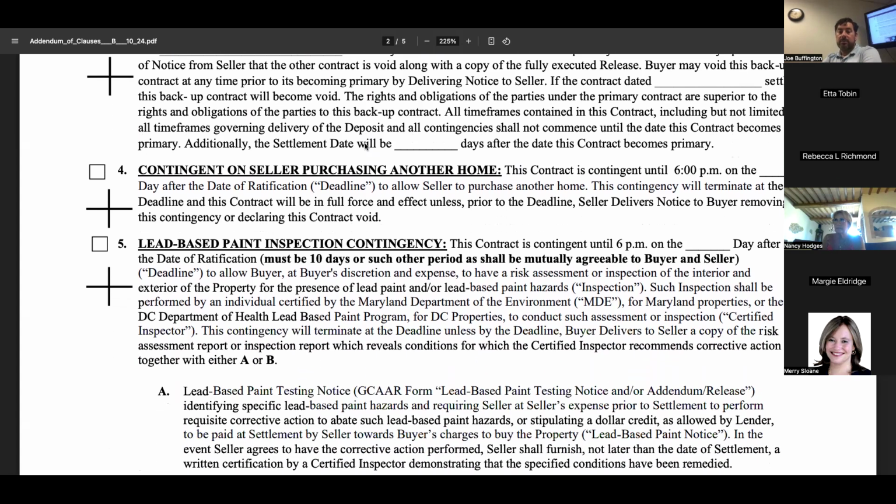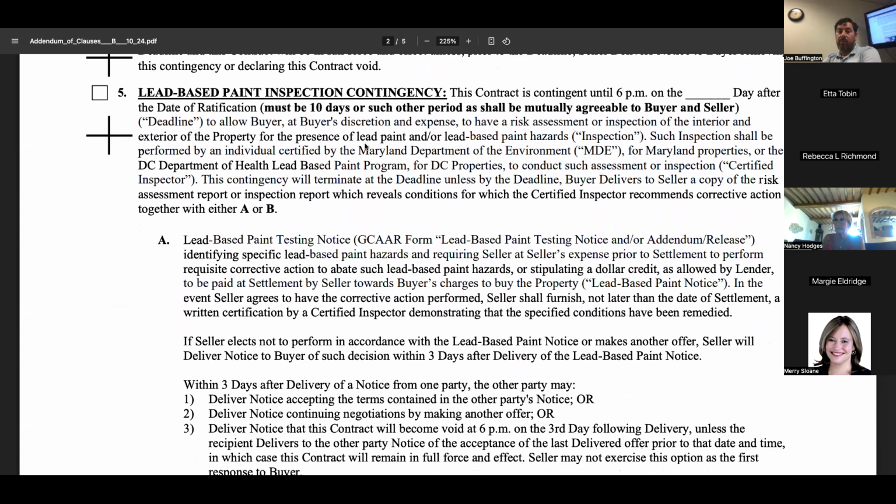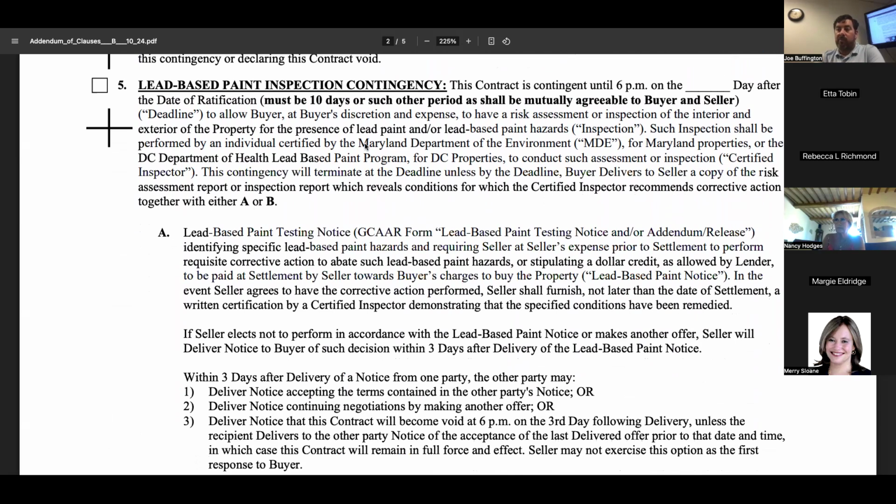If you're a buyer going into contract with a seller, let's say you need to get your house under contract to get the house that you want.